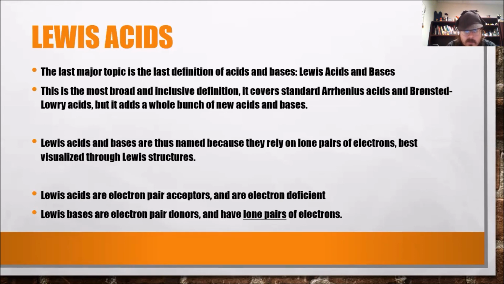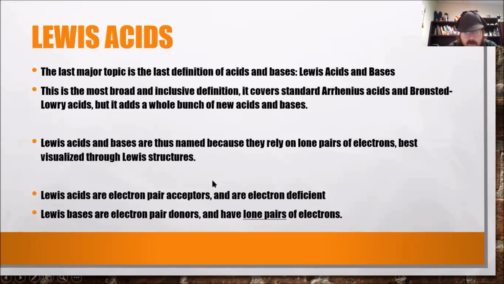Now, when we go to Lewis acids and bases, we look at it not as the proton, but as the electrons. A Lewis acid is something that accepts electrons, and a Lewis base is something that donates electrons. The same thing happens. We're just flipping who we care about.